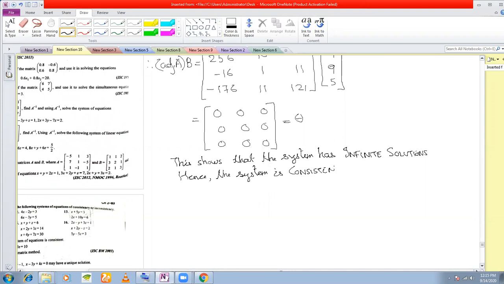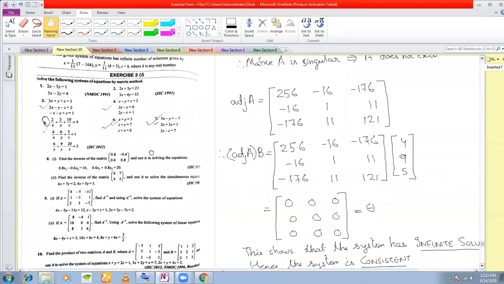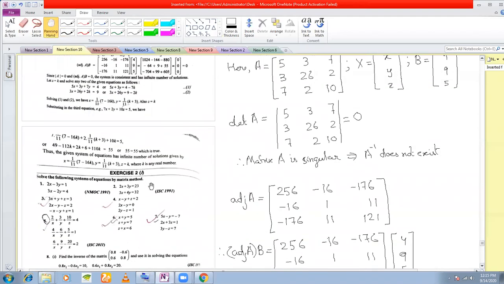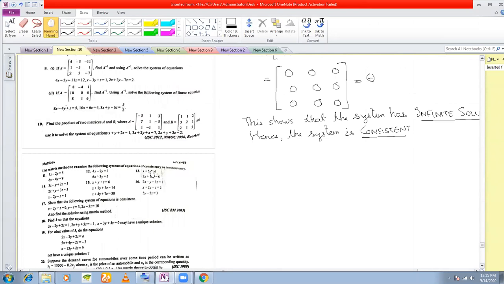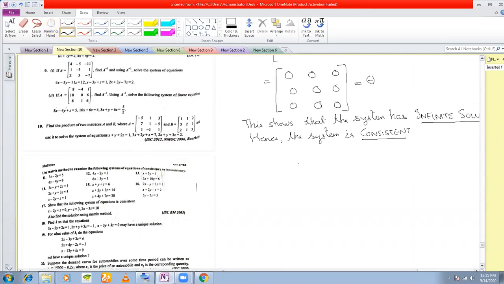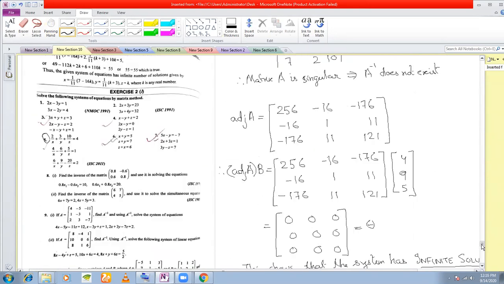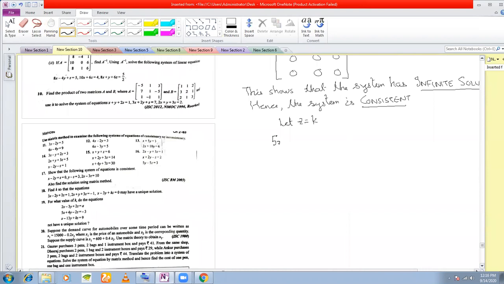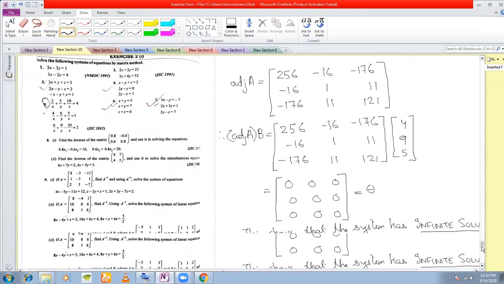Hence we proceed to find out what those infinite solutions are. Since this equation is in x, y, and z, you say let z is equal to k. Then what is the system that you get? You get 5x plus 3y plus 7k is equal to 4.